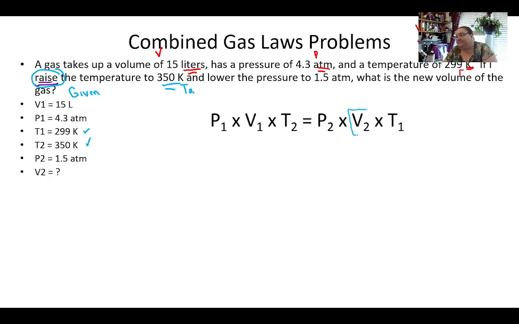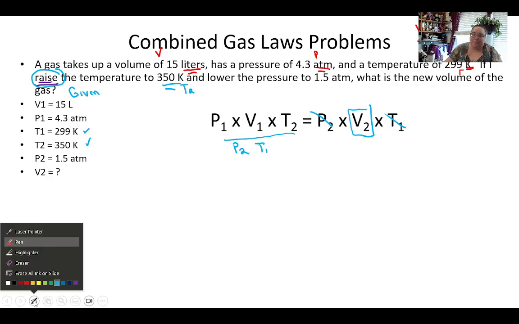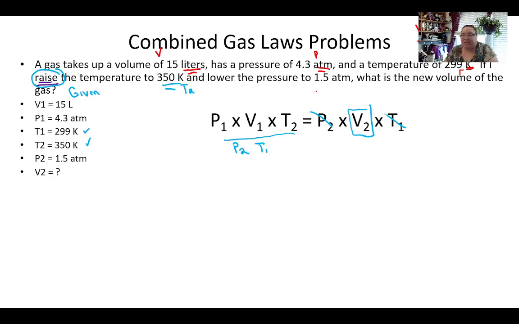So I'm trying to get V2 by itself. That means I'm going to divide both sides by P2. It's gone there. And T1. It's gone there. Now I can just plug and chug the numbers. So P1 is 4.3 ATM. V1 is 15 liters.